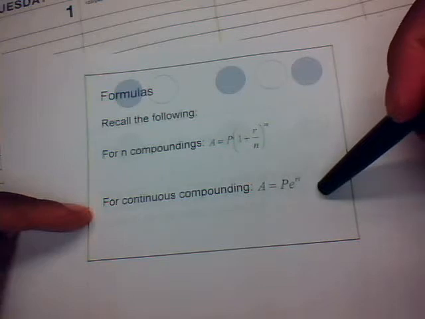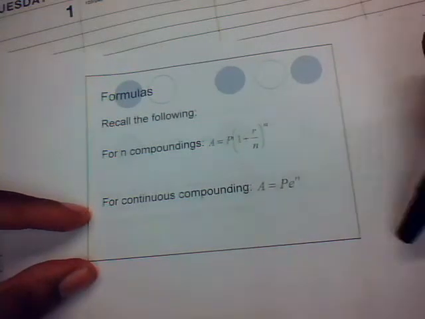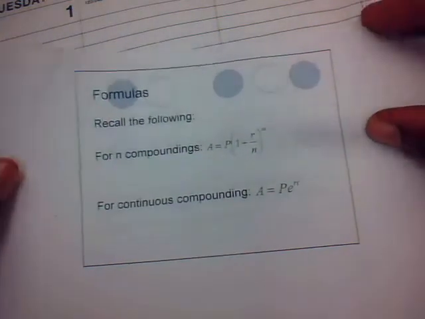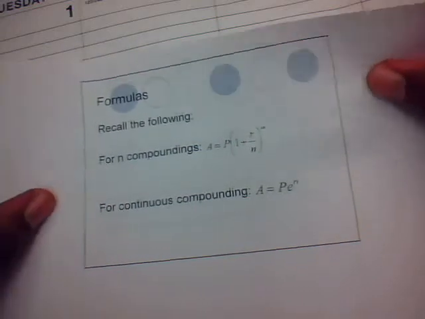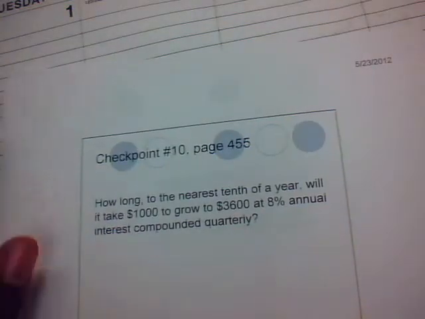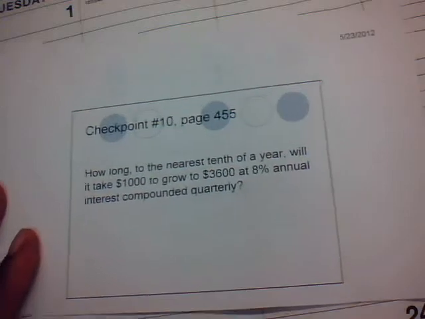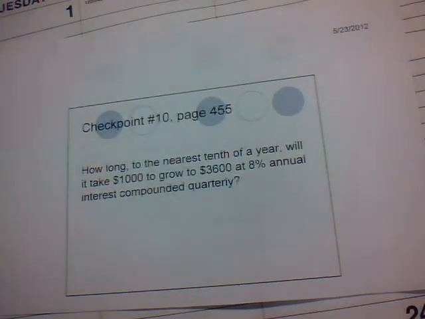And then for continuous compounding, it's A is equal to P times e to the rt. Okay, so we're going to use those two formulas to solve these types of problems, like this one right here. Let's say we want to find out how long, to the nearest tenth of a year, will it take a $1,000 investment to grow to $3,600 at 8% annual interest compounded quarterly.